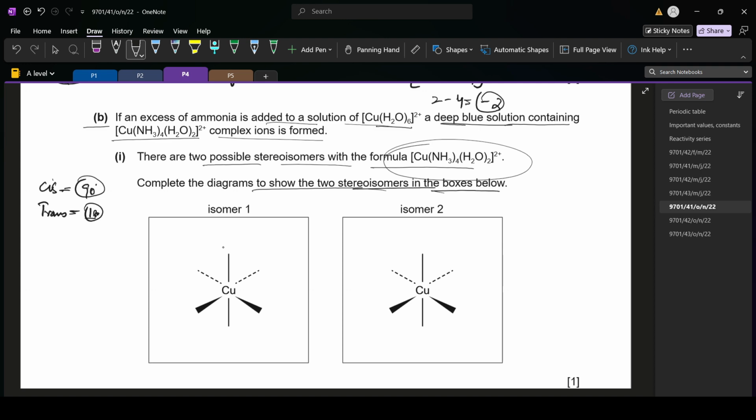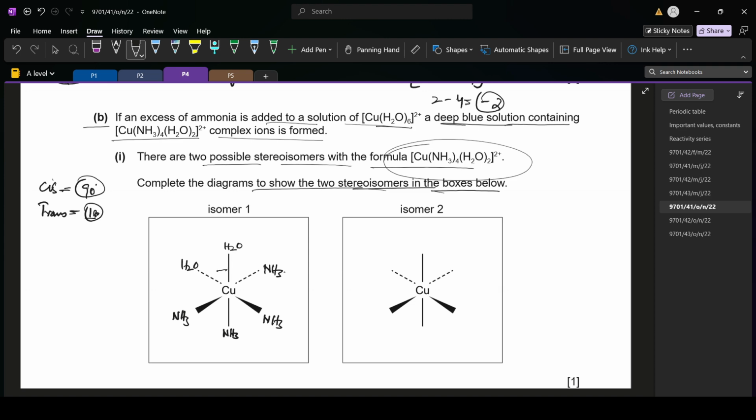So let's say I'm first drawing the cis isomer. This is going to be your cis isomer, and you take the reference of water, because there are two water molecules, so it is easy to check by the reference of water.